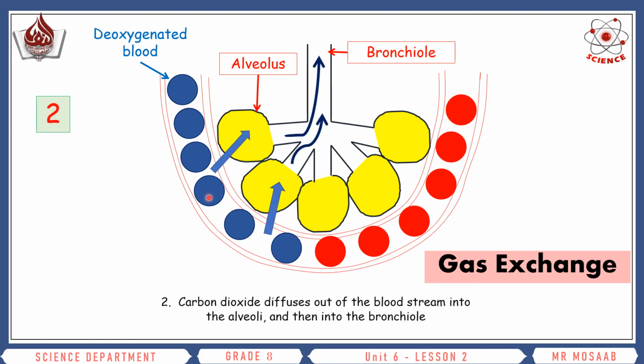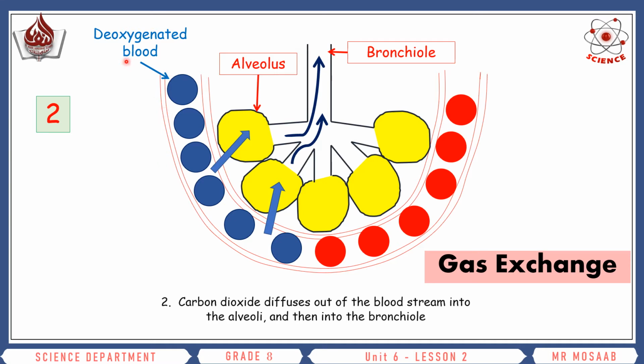Then, because it is a high concentration, the carbon dioxide diffuses out from the bloodstream into the alveoli, and then moves from the alveoli into the bronchial, so it can be disposed of, or removed, from the body. So again, deoxygenated blood flows from the tissues or body parts to the capillaries.